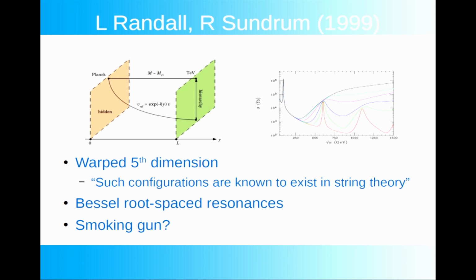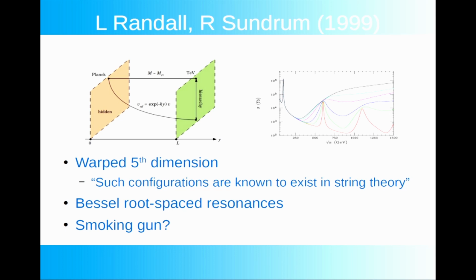Anyway, one of the other funny things about this is that we talked last week about the fact that you would have resonances come up because you would have excitations through that tightly curled up dimension. In this case, you still get resonances, but instead of being evenly spaced, which you would get with a nice circular topology, you would get resonances that are spaced along the roots of a Bessel function.